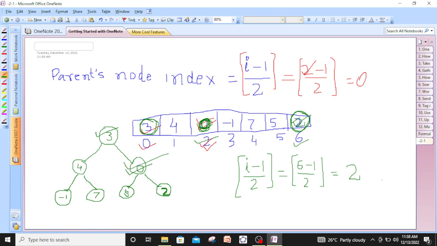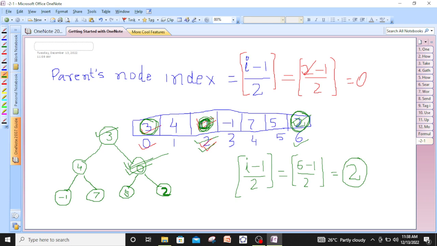Obviously we got the same thing because 2 is the index, and this index 2 is here, and this element is 0. So according to the formula as well, the parent of this 2 is this 0. So according to the heap as well, we are getting the same answers.